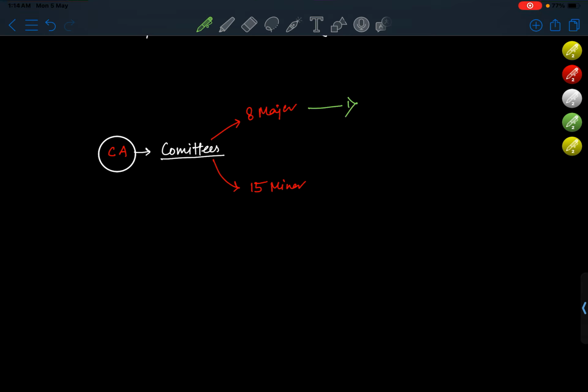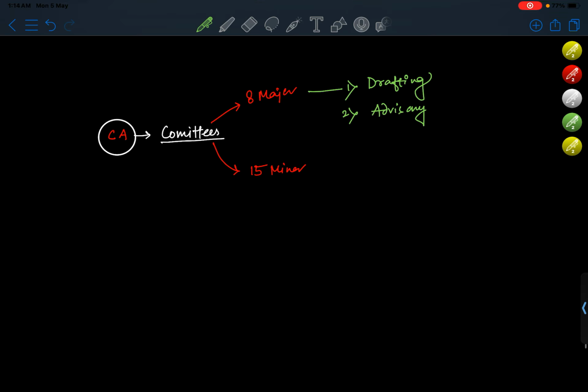One is the drafting committee, another is the advisory committee. And within minor ones you don't have to read anything.